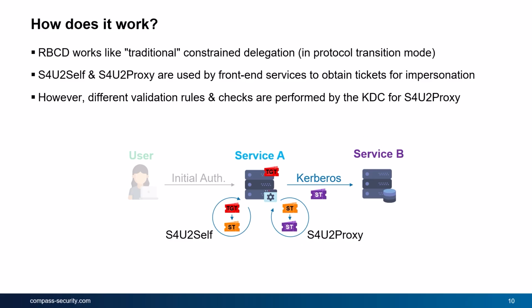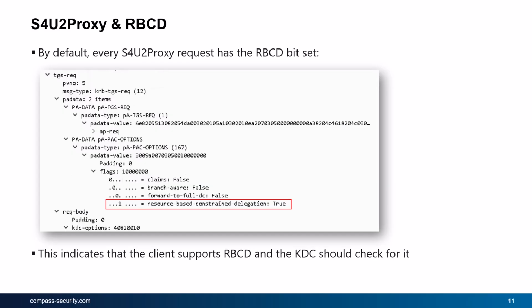If you want to learn more about these mechanisms, the part about constraint delegation, specifically in protocol transition mode, in part 5 of this video series contains more info about that. As I mentioned, there are a few more specific details on how the S4U2Proxy request is validated by the KDC. Specifically, any S4U2Proxy request that is sent by default has the so-called resource-based constraint delegation flag set to true.